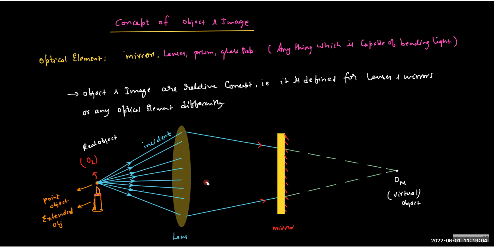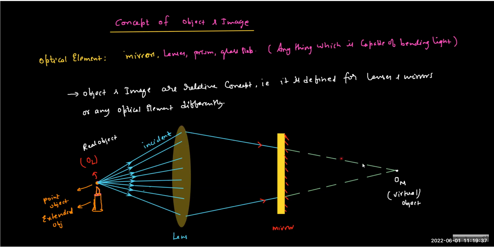Image is defined with respect to the reflected or refracted rays. So the reflected or refracted rays decide the image position. For the lens, we only look at the direction at the exit point. We don't see further.